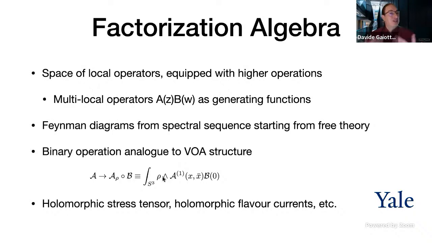At least in examples, it looks like the higher loop differentials actually act trivially on the tree-level cohomology. So it might be that things are much simpler in N=4 super Yang-Mills, but I'm not certain of that.